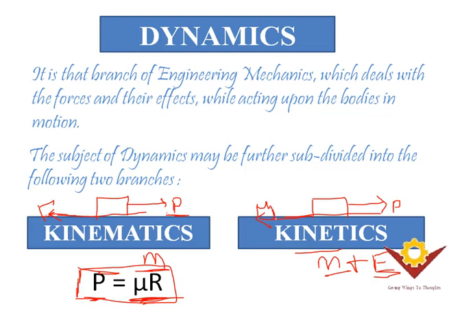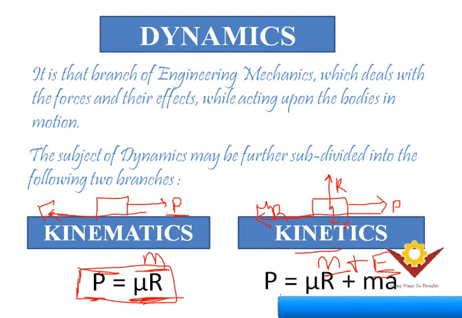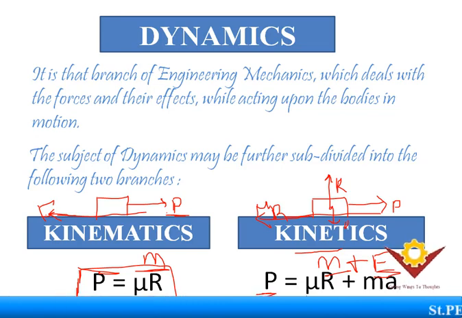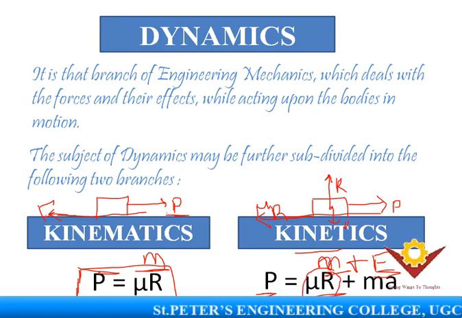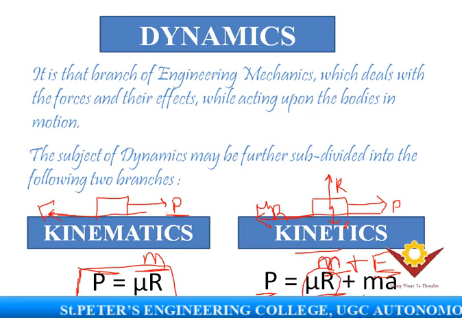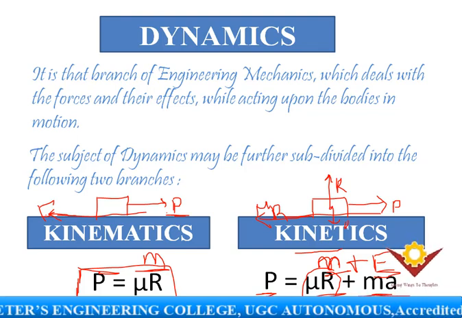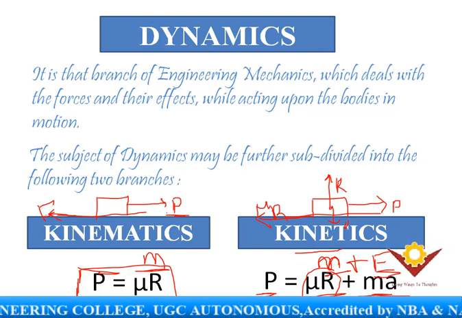Which is like mu R. And now for this particular body, there is a weight which is acting downwards, and there is a reaction which is acting upwards. And now the equation will be: the effort which is acting towards your right equals the friction, that means the friction is here because of the motion, plus mass into acceleration, which is nothing but force, right?